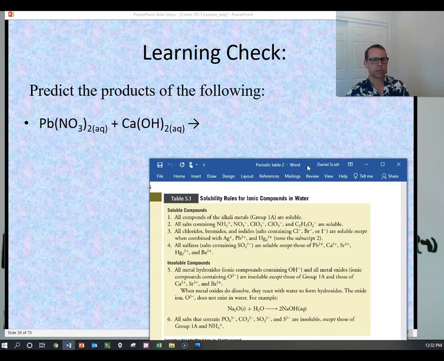Number 2, all salts containing NO3 are soluble. All right, so that's not a precipitate. A precipitate is when it's solid, right? So calcium nitrate is not going to be a precipitate.